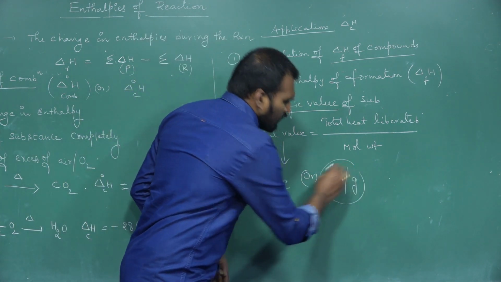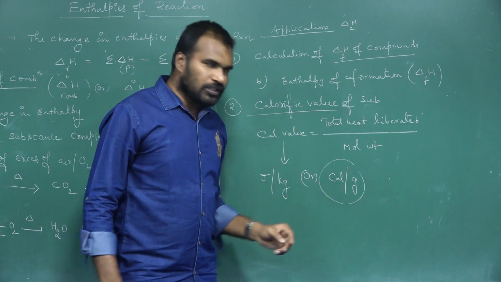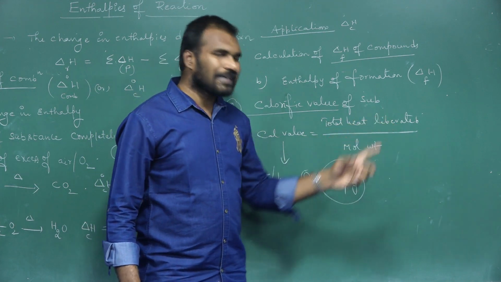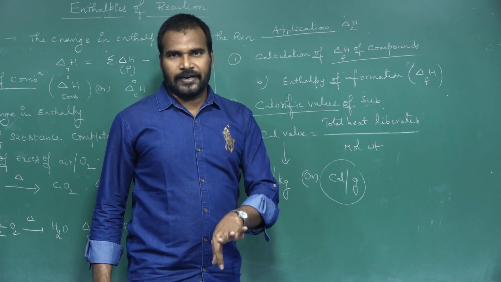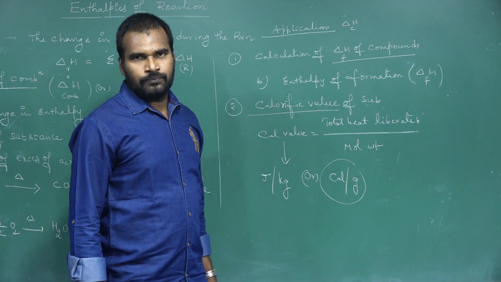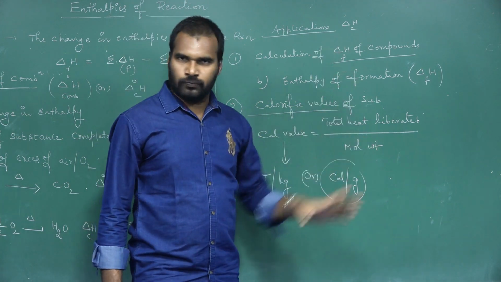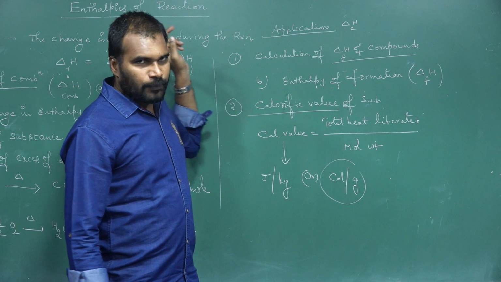So we define calorific value as the total heat content in calories liberated when 1 gram of the substance completely burns. These are the two main applications of enthalpy of combustion.